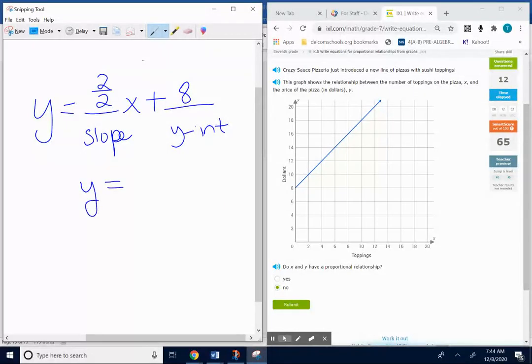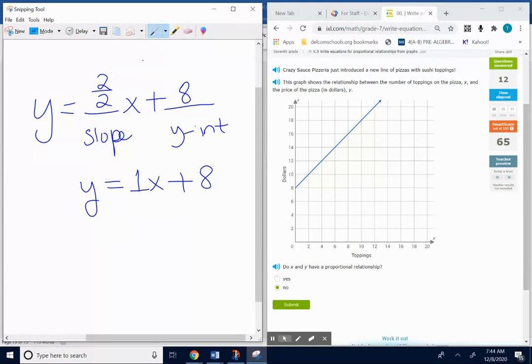Now you can simplify 2 divided by 2. It would look better. y equals 1x plus 8. I'm just telling you that even though they don't ask you the equation of a non-proportional graph, we learned how to find the equation of a non-proportional graph.